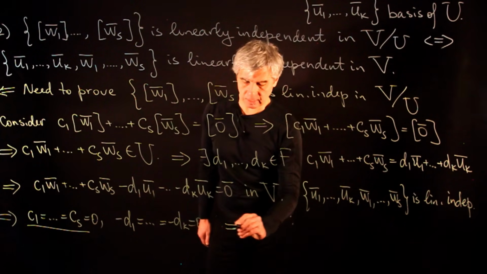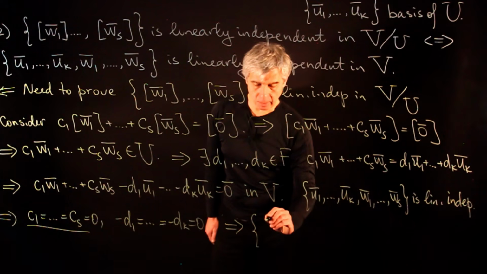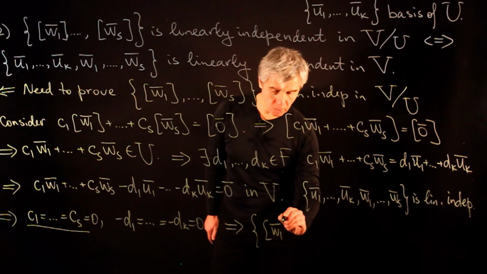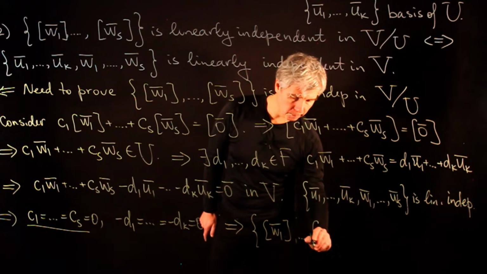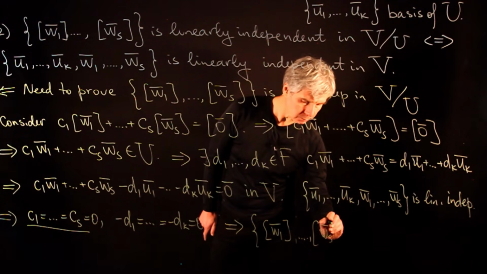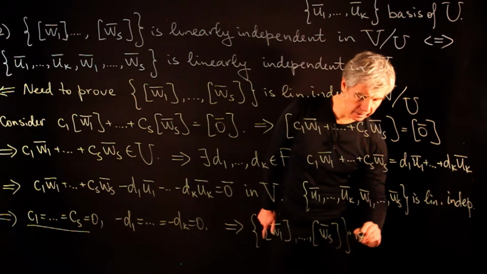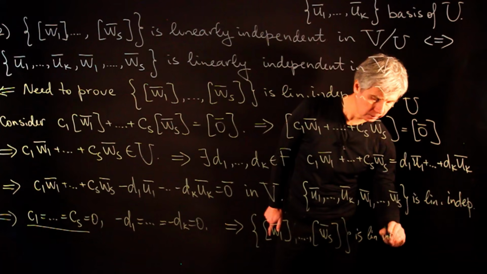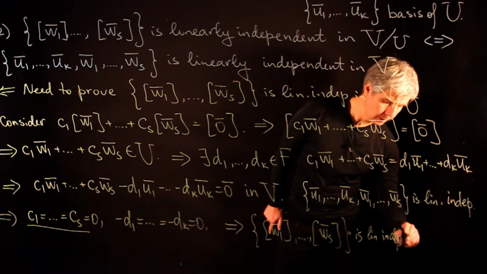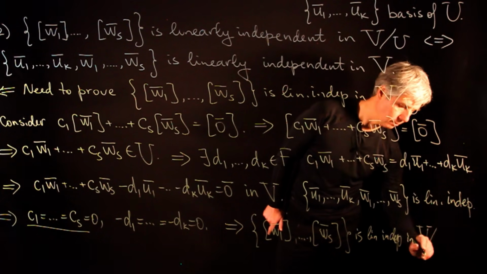And this tells us that the set of equivalence classes W1 through WS is linearly independent in the quotient space.